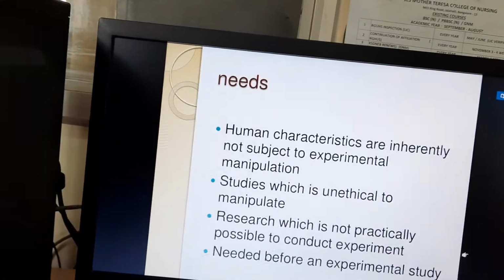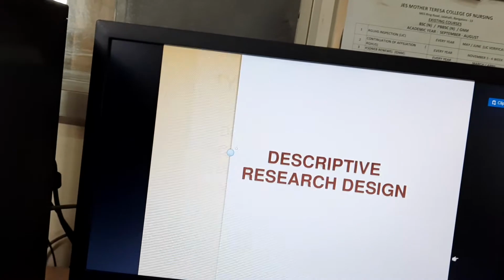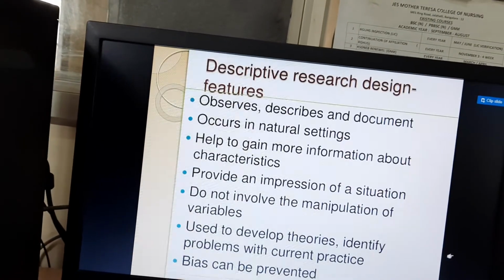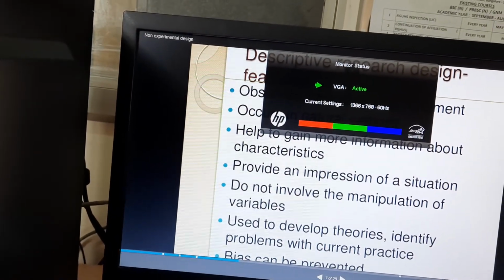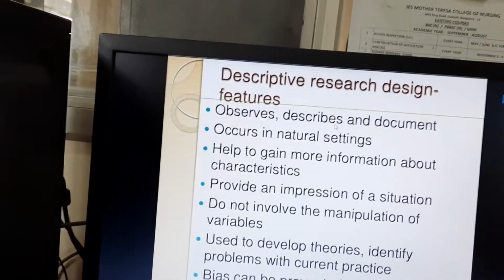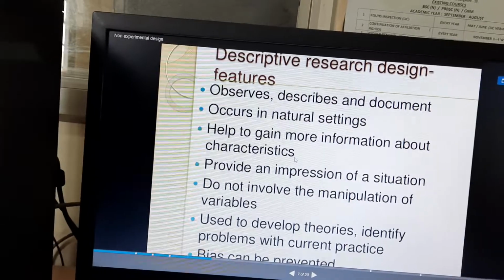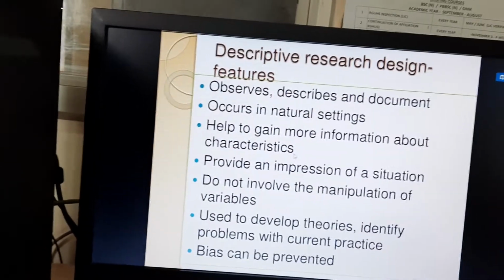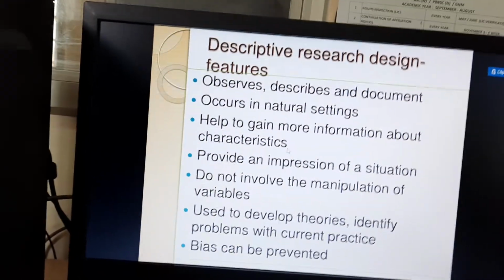We have studied the definition, the needs and the types of non-experimental design. First is the descriptive research design, which observes, describes and documents what occurs in a natural setting. It helps to gain more information about characteristics, provides impressions of situations, does not involve manipulation of variables, is used to develop theories and identify problems with current practice, and bias can be prevented.